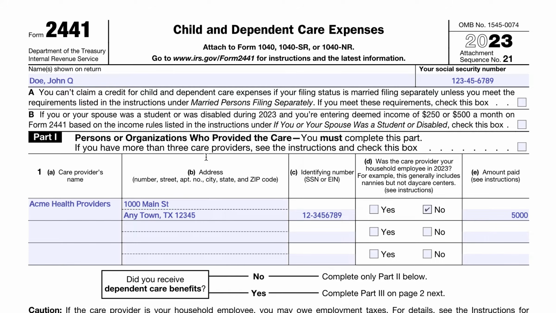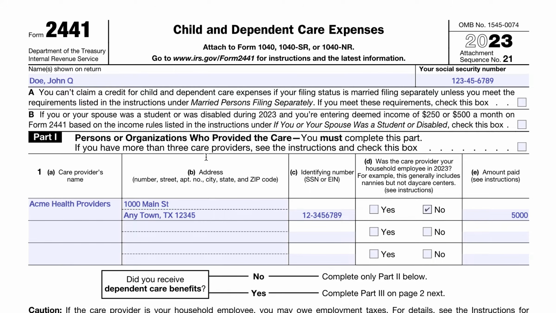Two, the care was provided so that you or your spouse, if you're filing jointly, could work or look for work. If you don't have earned income, you cannot take the tax credit or the exclusion. But if your spouse was a full-time student or disabled, there may be mitigating circumstances. Three, the care must be for one or more qualifying persons.